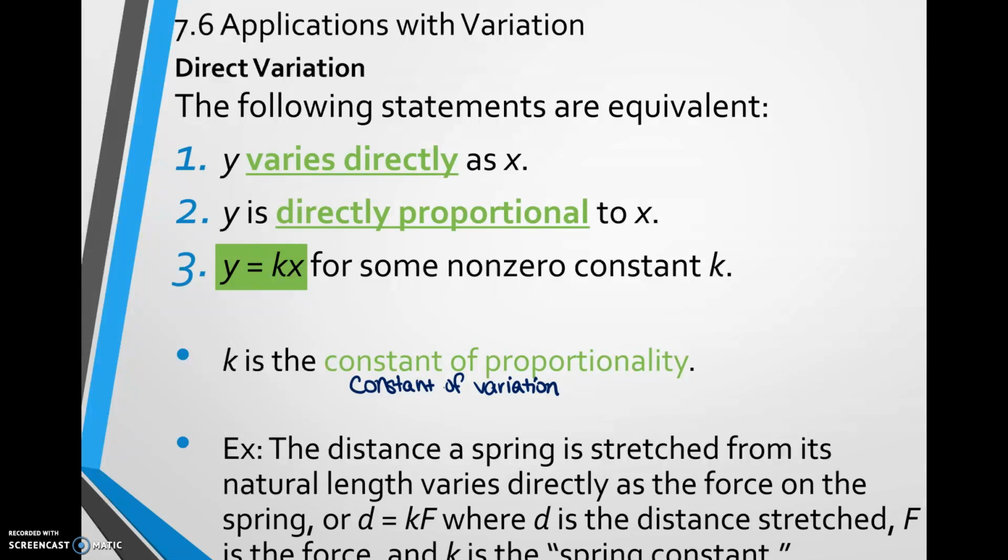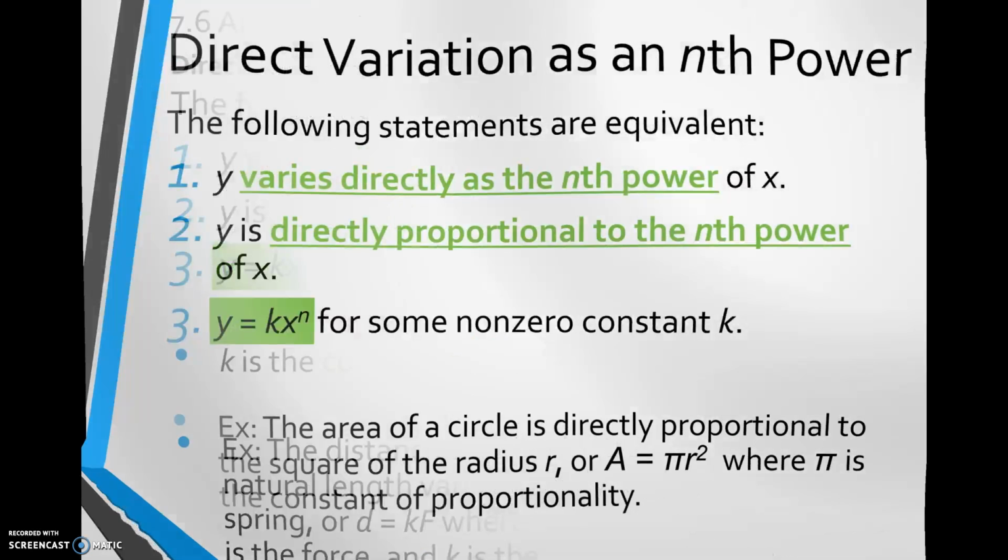So if we take a particular spring and stretch it and measure the force, we can figure out what that constant is. And once we know the constant, we could say, all right, so if we put this much force on it, how far would we be able to stretch it? Or if we stretch it this far, how much force would be necessary to achieve that? So once you know the constant of proportionality, you can use that to predict other values.